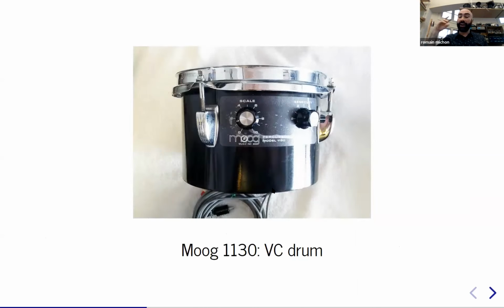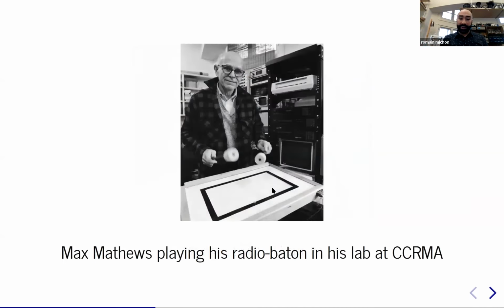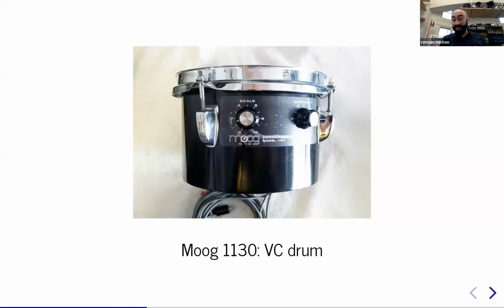You're generating a voltage, and this voltage is controlling something, right? So what I'm trying to convey here is that at that time, people started thinking of different interfaces to control different types of instruments. And what's interesting to see here is that this decoupling between the sound generation unit and the interface was becoming greater at the time, right? Because it means that with one interface, you could control any sound synthesizer and vice versa, right?